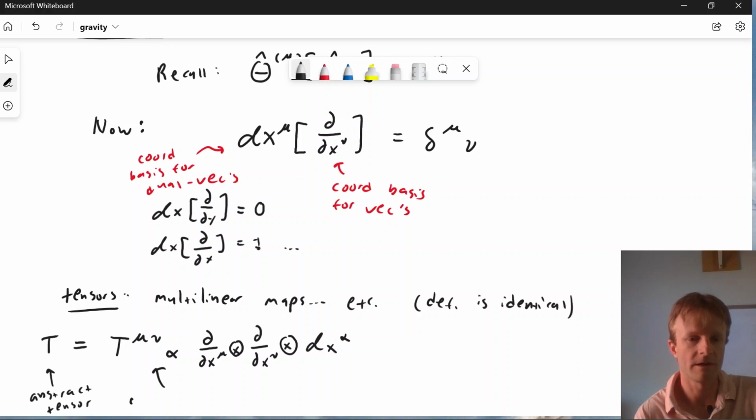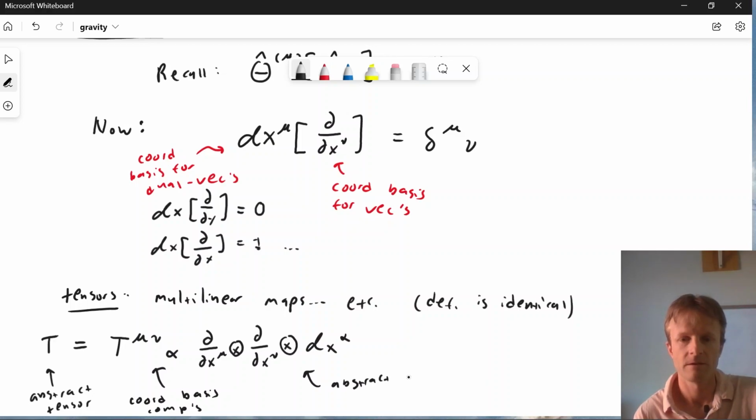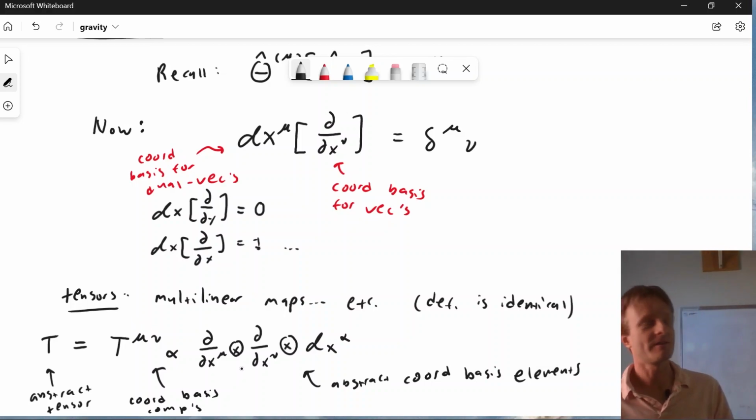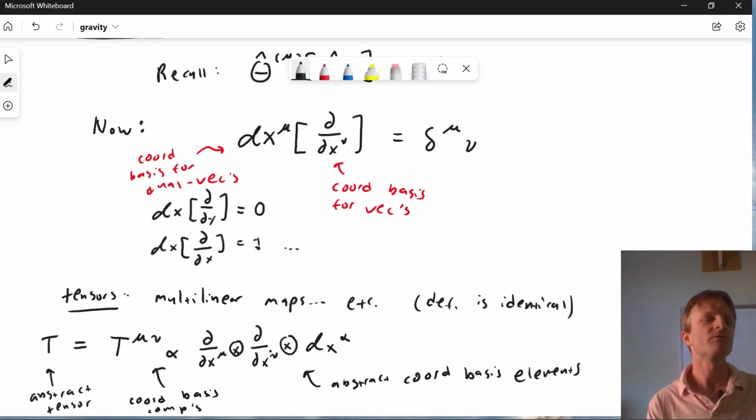These are our coordinate basis components. And these are our abstract coordinate basis elements. Okay, so again, a tensor is, if you like, just something with some upstairs and downstairs indices following all the rules, but this is the formal expression as an abstract mathematical object according to the definitions we've given.